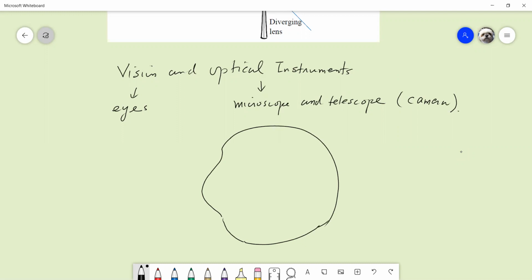You're going to have a lens inside here. Now, the lens inside the human eye, what kind of lens is it? It is a convex lens, right? Good. And then you have a cornea here.